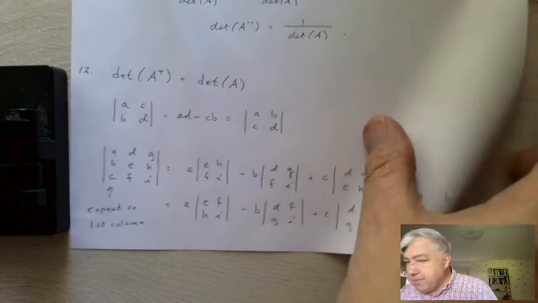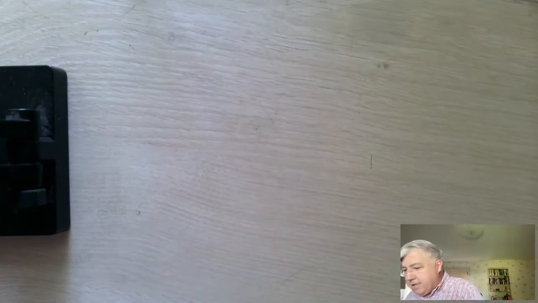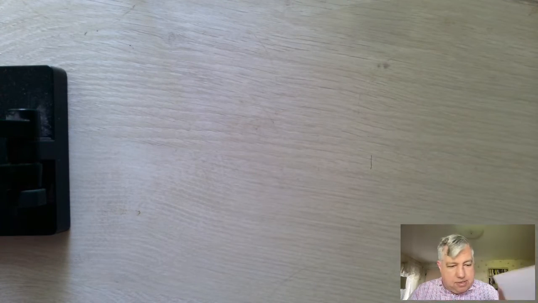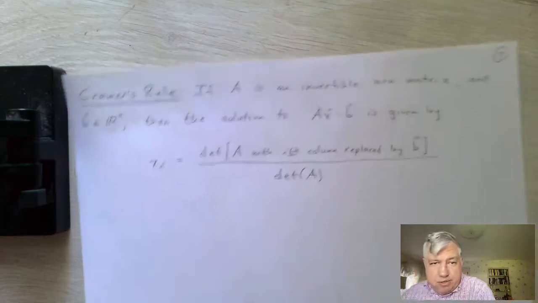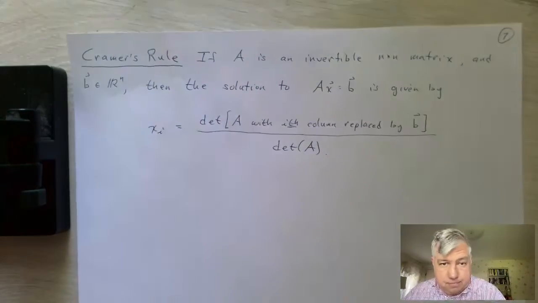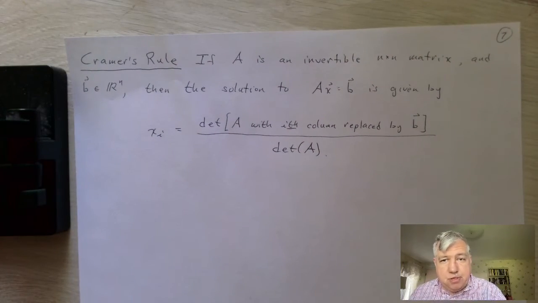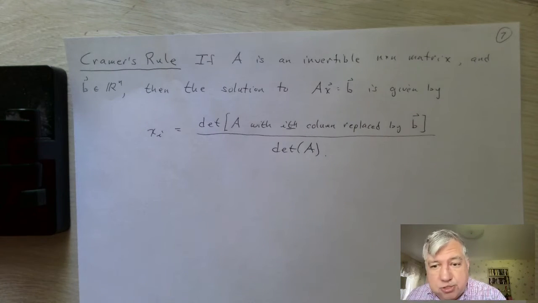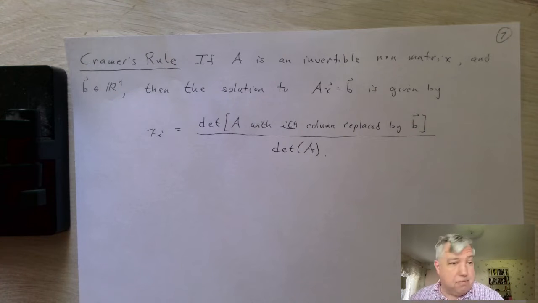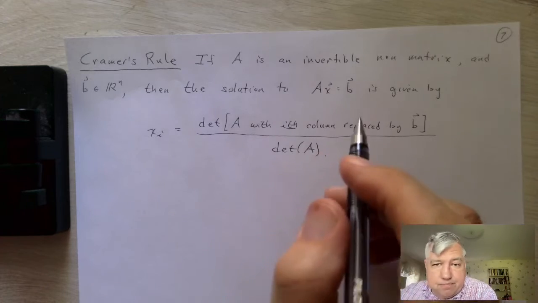The last one has to do with Cramer's rule, and here we're going back to solving systems of linear equations. If A is an invertible matrix and you want to solve this matrix equation, which corresponds to a system of n linear equations in n unknowns, then if you don't mind calculating determinants, you can use Cramer's rule.